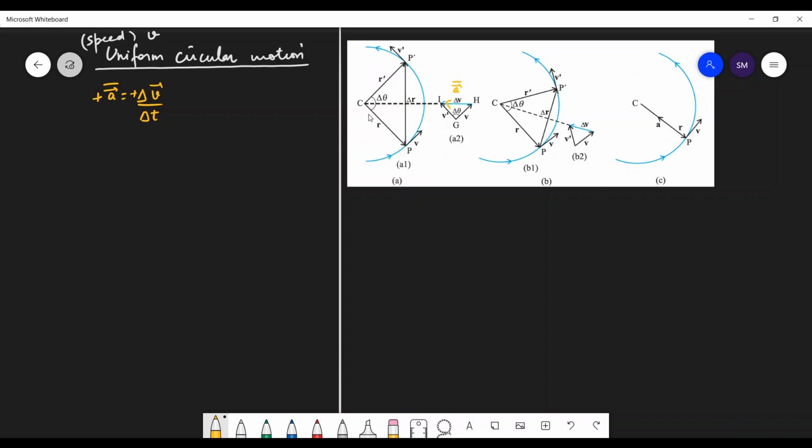Now if we take the limit delta t tends to 0, then this average acceleration will change to instantaneous acceleration by taking the limit delta t tends to 0.